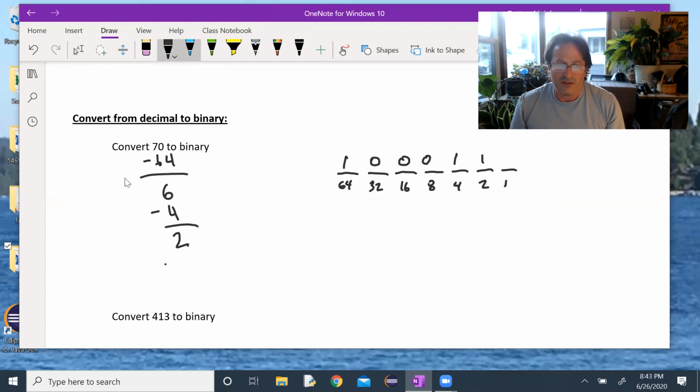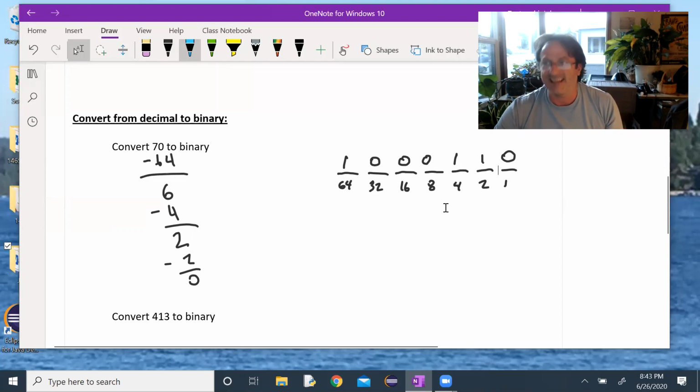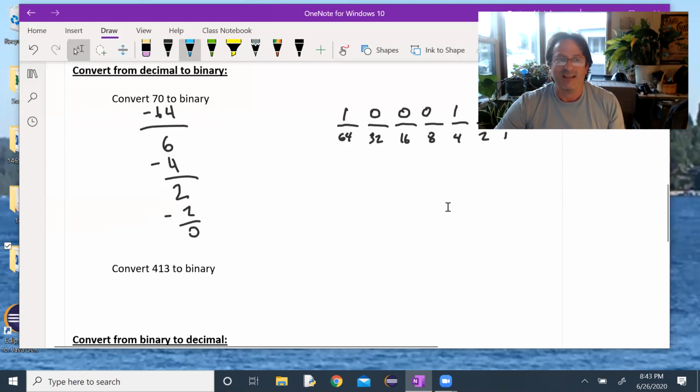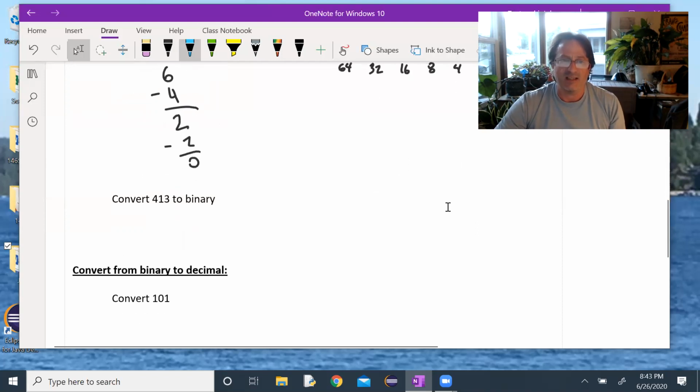Take away 2, it's going to leave us with 0 left. So 1 0 0 0 1 1 0 represents 70 in decimal. And again, that's 64 plus 4, that's 68, plus 2, that's 70. Okay, so what if the number is larger, like 413?